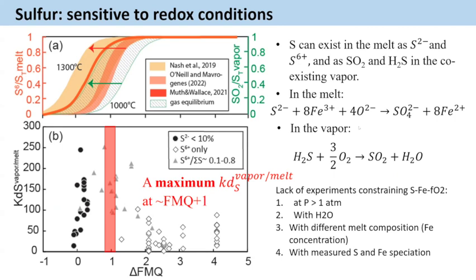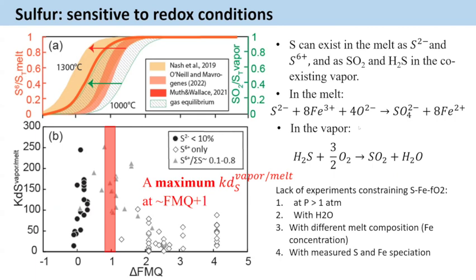Among these three models, the Muth and Wallace model is an empirical fit of melt inclusion data from the Cascades, where the authors measured sulfur and iron speciation in the melt. The other two models are calibrated based on one atmosphere experiments.